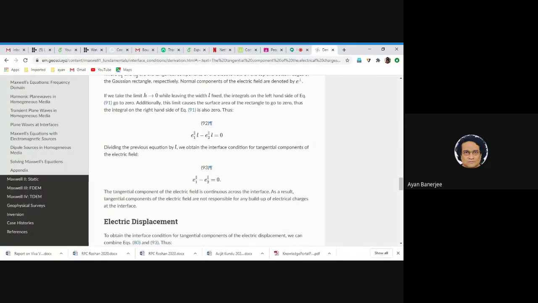Can you tell me why you think this statement is being mentioned, that the tangential component is not responsible for any buildup of electrical charge? Why do you think they are saying this?